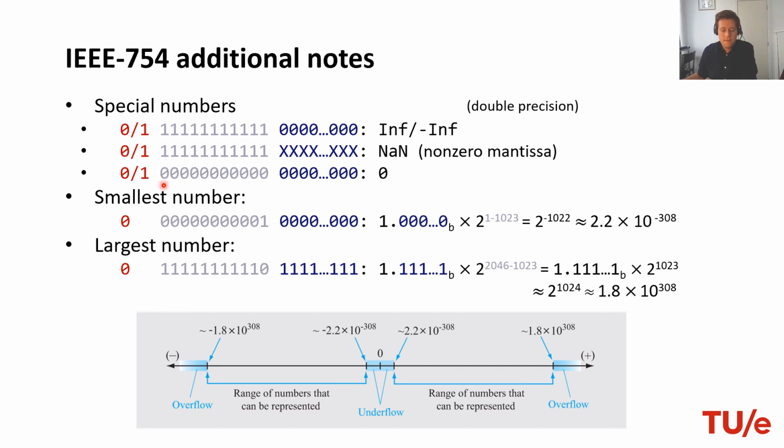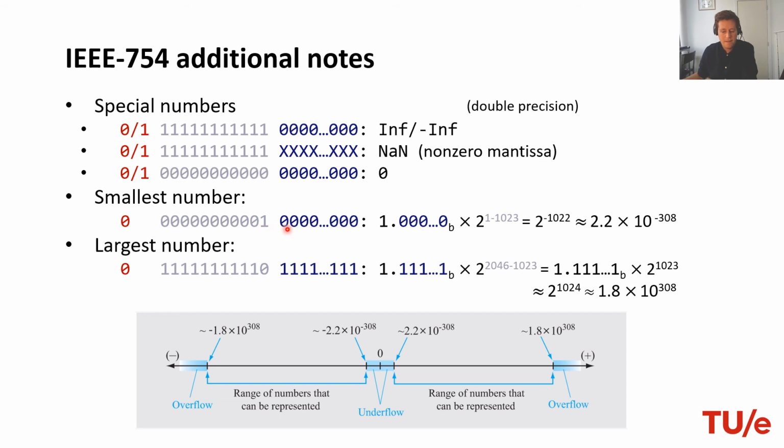Now, what would be the smallest number and the largest number that is possible to be stored using this IEEE representation? Well, for the smallest number, we would take the smallest exponent which is not reserved for this identical 0 element. So the smallest exponent, which is non-zero, would be 0, 0, 0, etc., 1.